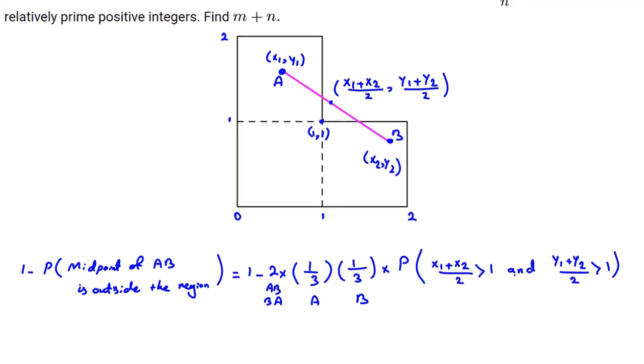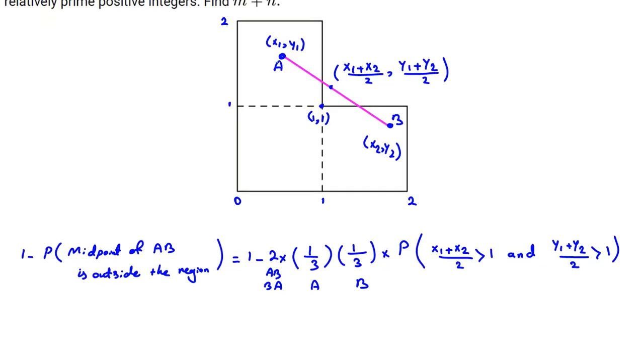We should calculate this probability, and we know here x1 is between 0 and 1 because A is here. y1, because it is here, is greater than 1, less than or equal to 2. B here, again, you can say x2 should be greater than 1, less than or equal to 2.